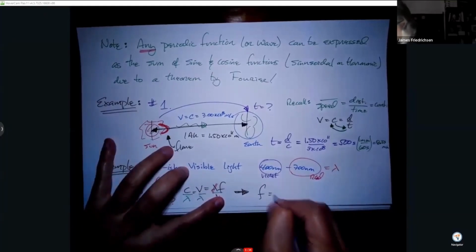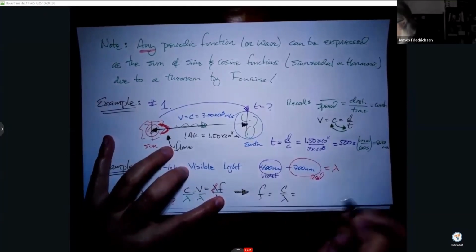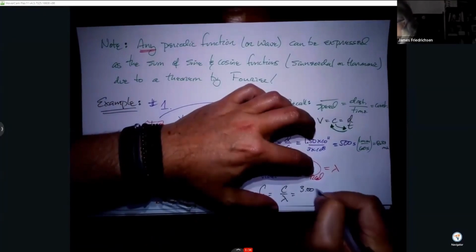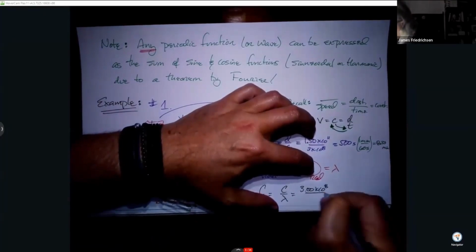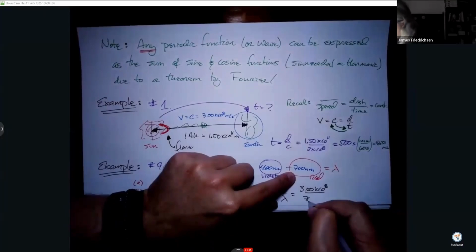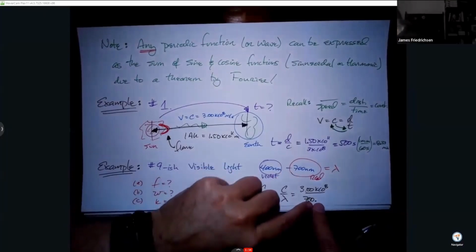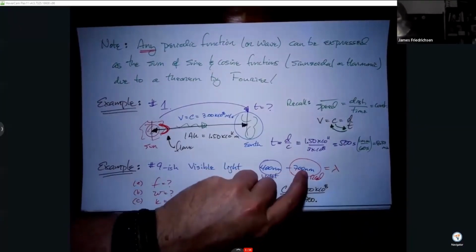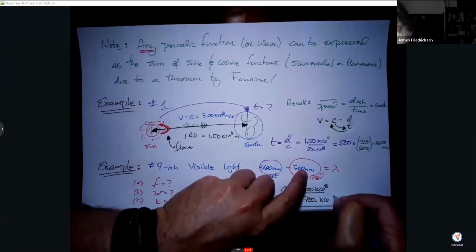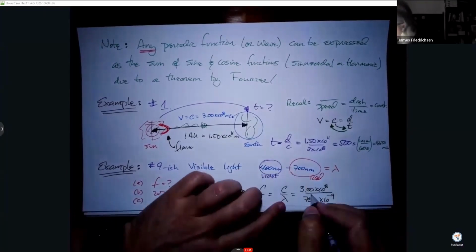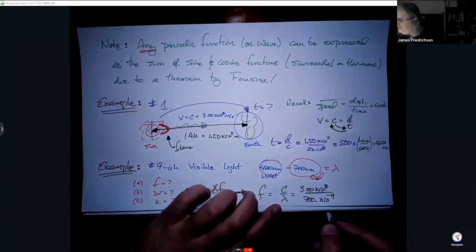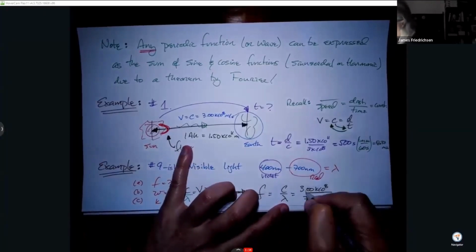And so then our frequency will be c over lambda. So this is our 3 times 10 to the 8th meters per second. And then the lambda is 700. And then the decimal is here. So be careful with that. Nano is times 10 to the minus 9. So this number is not in scientific notation. So you just got to be a little careful with it.